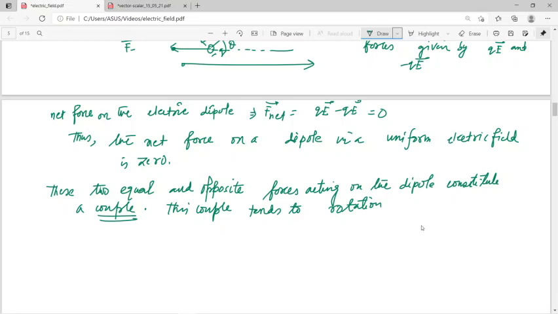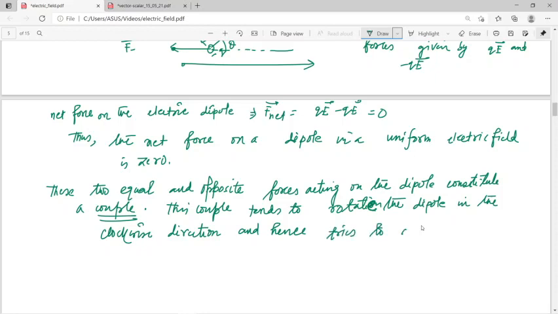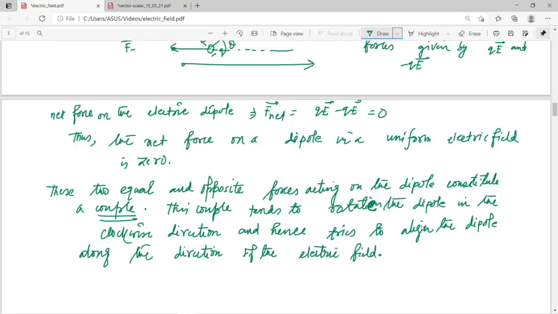This couple tends to rotate the dipole in the clockwise direction, and hence it tries to align the dipole along the direction of the electric field.